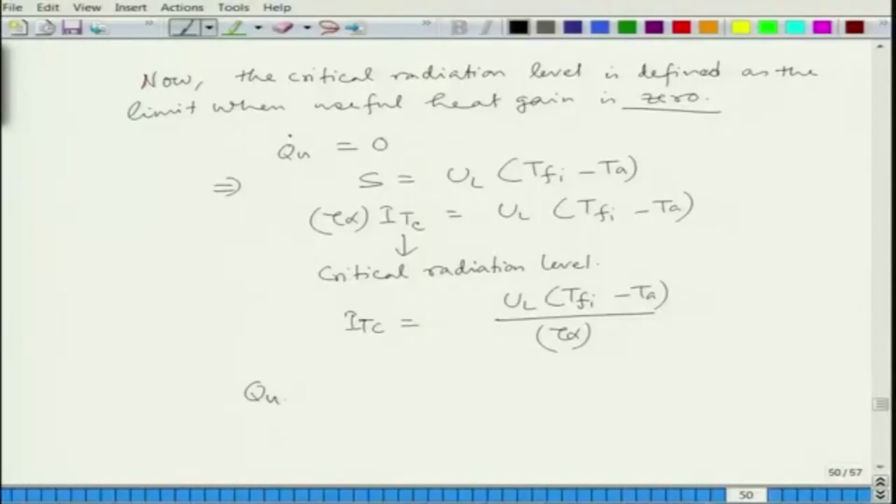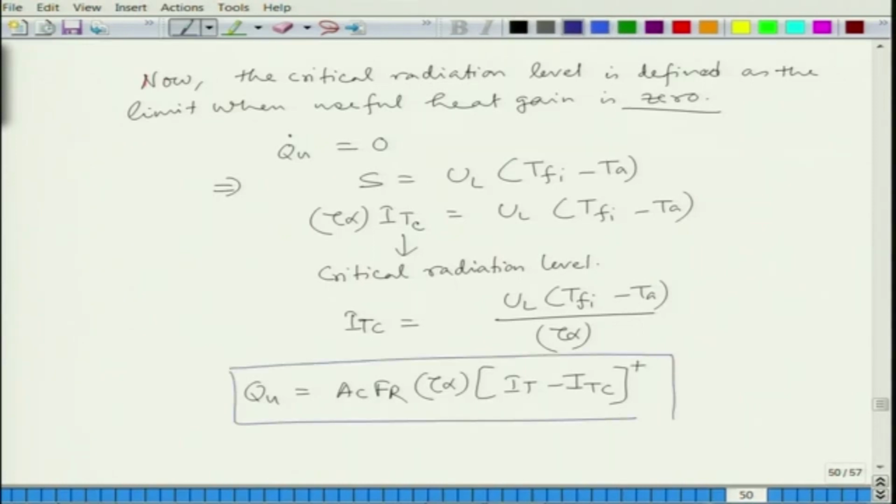So, what you should do? You should only run the collector when your intensity is above this critical value, is not it. So, what we can write, this QU equals something with IT minus ITC, and positive, we put this sign positive here. What it tells?